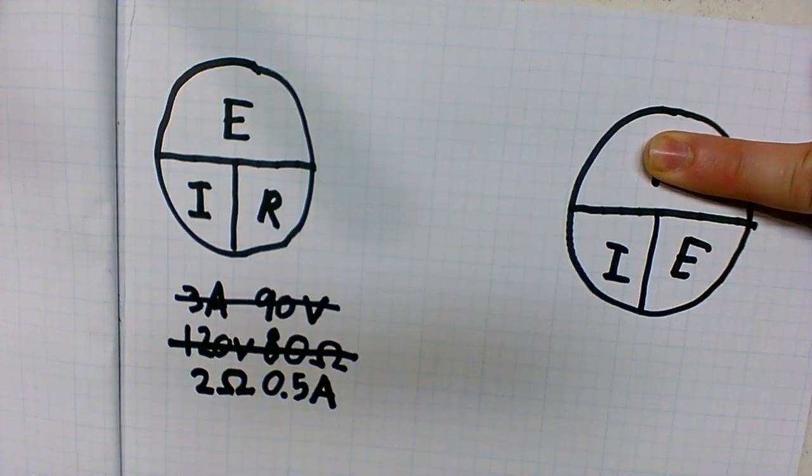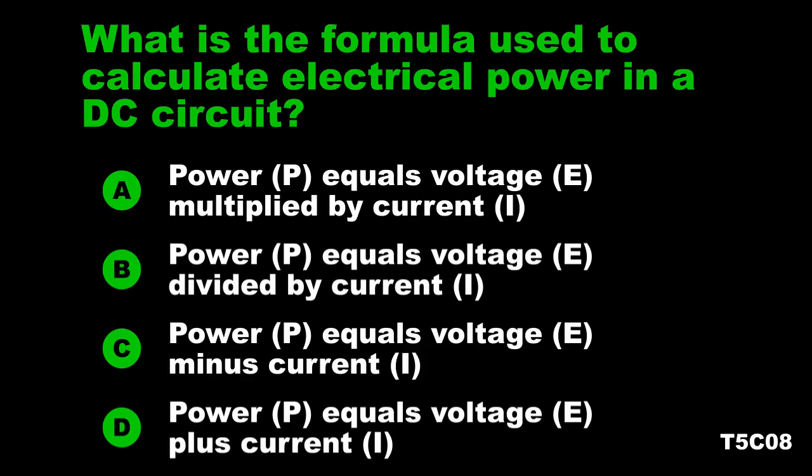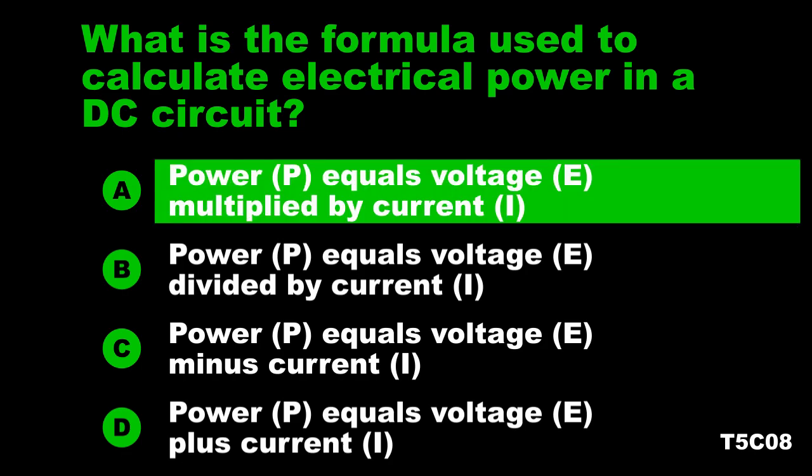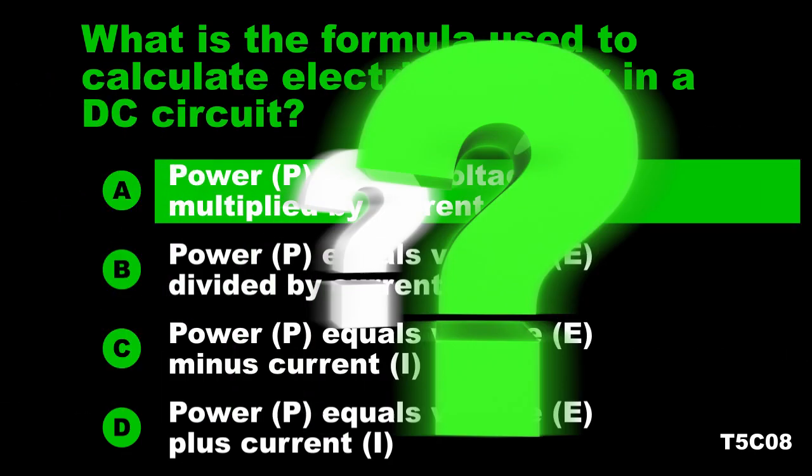So the answer would be A. Power equals voltage multiplied by current. In this case it's flipped, but that's okay. It's multiplication, so you do it either way.